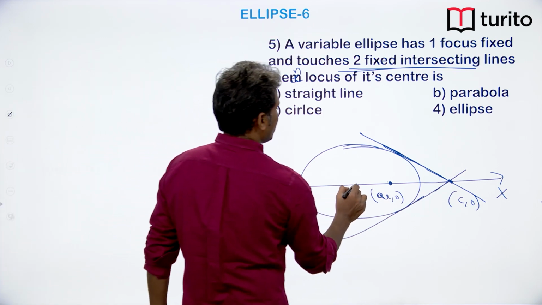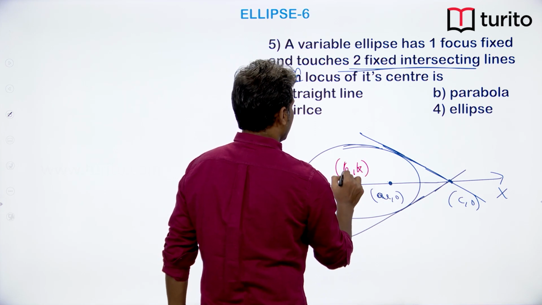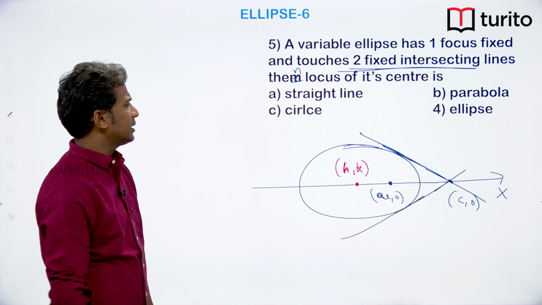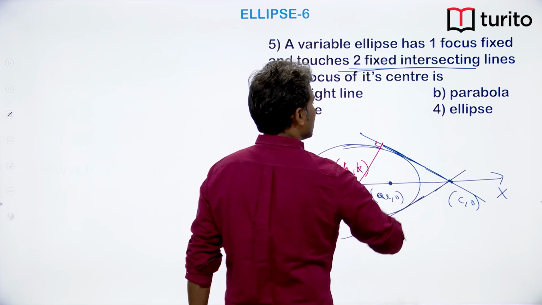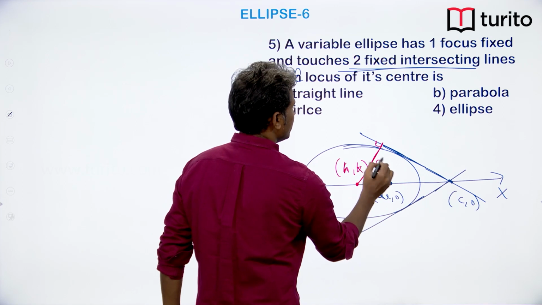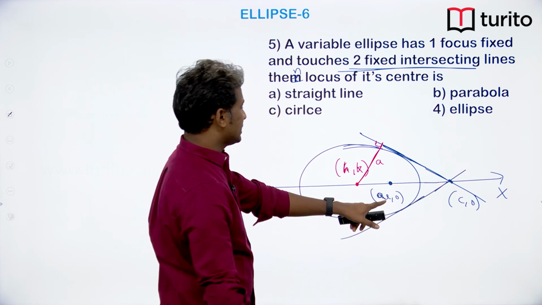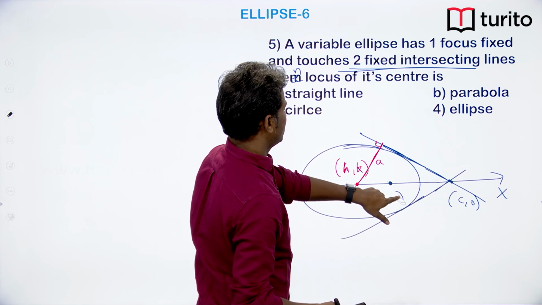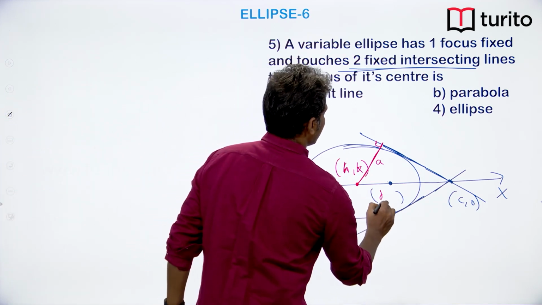If I take the center of this ellipse to be (h, k), then the perpendicular that I draw to these lines must be at a distance of a units from the center. If I take this point as some constant (d, 0), because these are all fixed values.